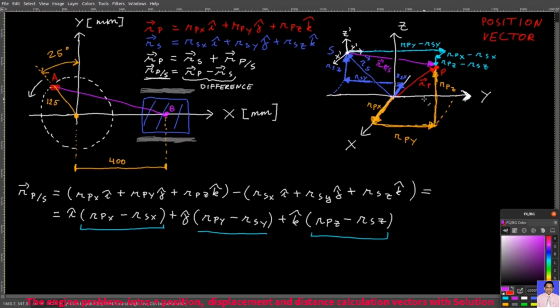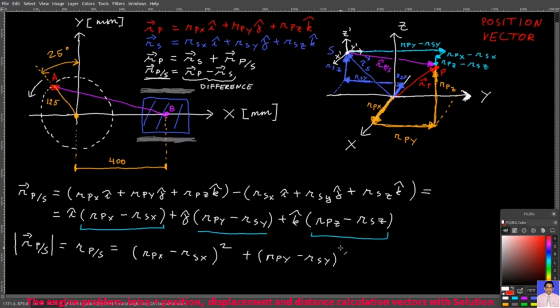And now what you can do, you can take your displacement vector and calculate its magnitude. The magnitude of your displacement vector equals (RPX minus RSX) squared plus (RPY minus RSY) squared plus (RPZ minus RSZ) squared, and then I'm going to take all that to the power of 1/2, which is essentially taking the square root of everything here.